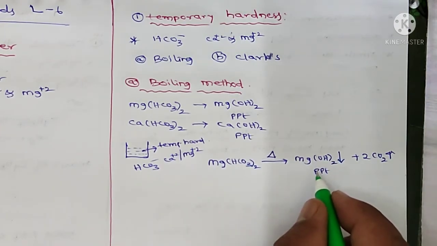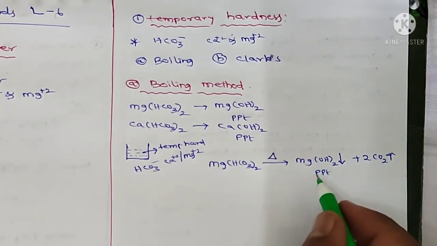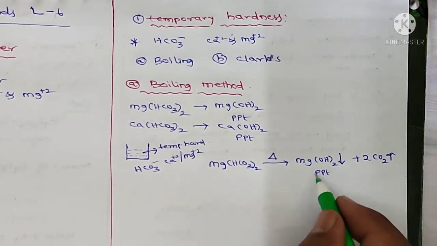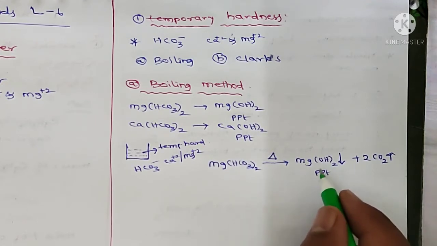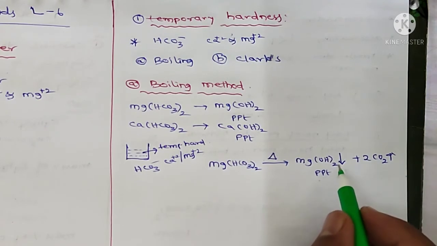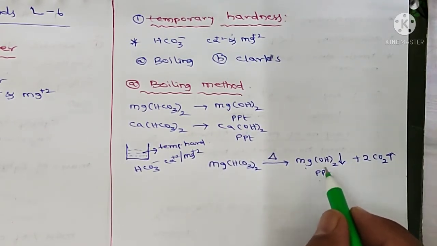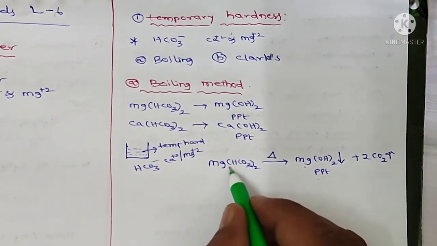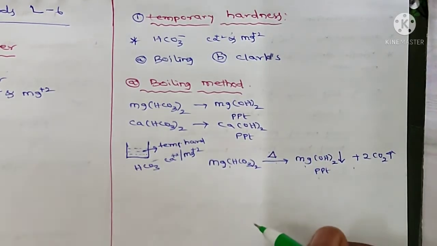We will get PPT of magnesium hydroxide and carbon dioxide. Then we can remove that PPT of magnesium hydroxide. So after heating and filtration, what is present in that water? Only carbon dioxide. Means in that water there are no magnesium ions. So that water is called soft water. Here the hard water is converted to soft water by heating.